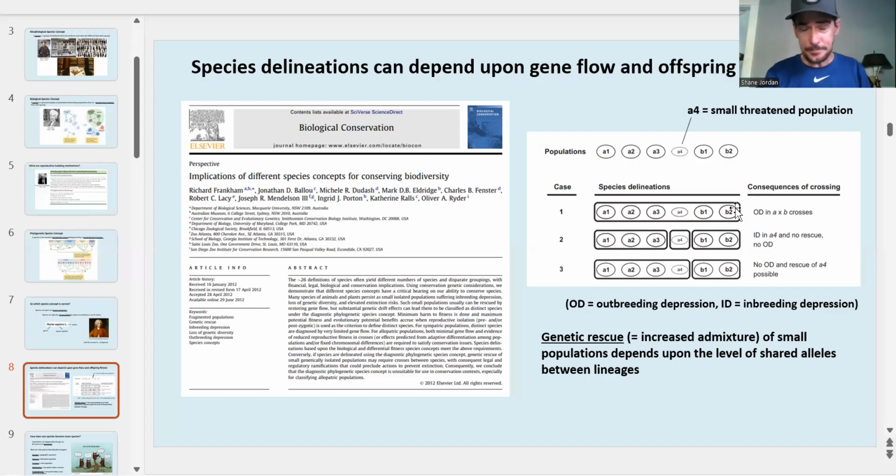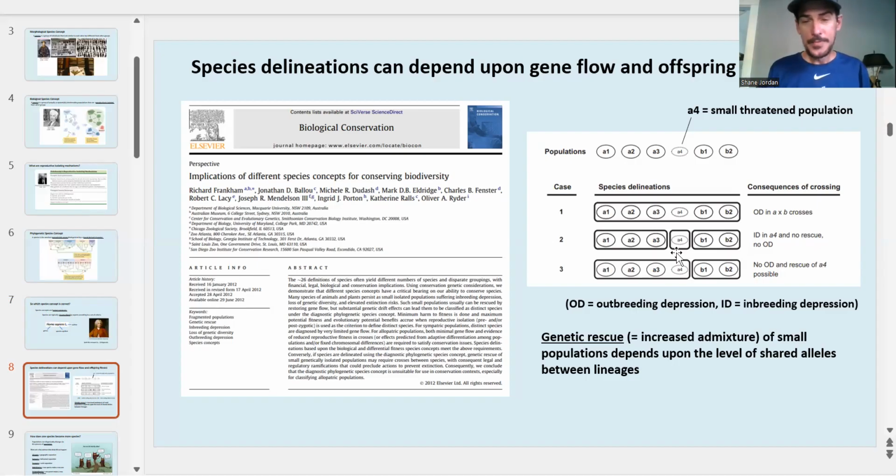In contrast, if maybe we split the A1, A2, A3 populations into one group and allow them to interbreed, they appear to produce healthy offspring. And maybe B1 and B2 can be split into a separate species, and they produce healthy offspring. And we decide to split A4 into its own individual population. A4, because it's small, might really suffer from inbreeding depression, probably because of the effects of genetic drift.